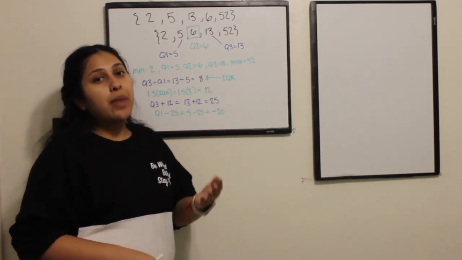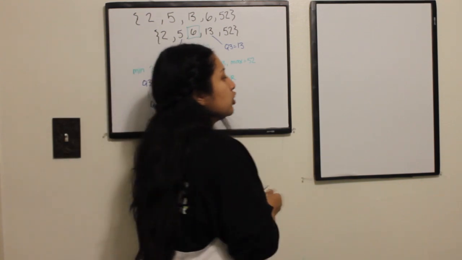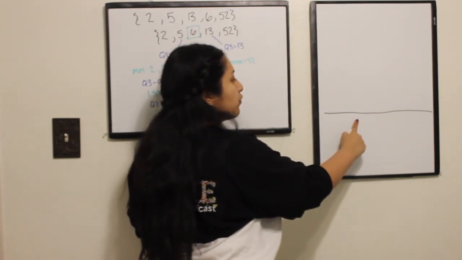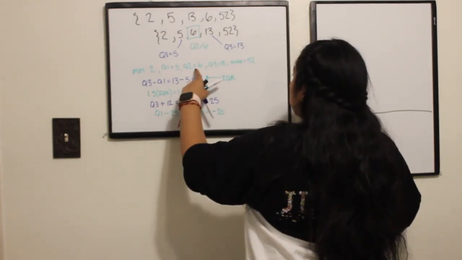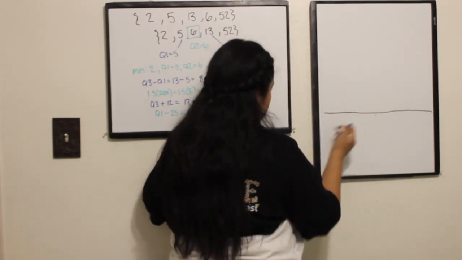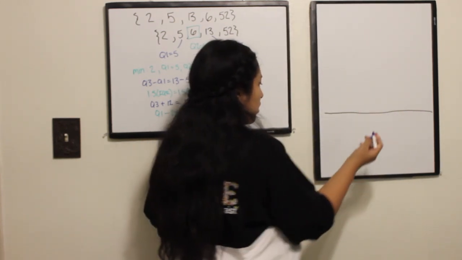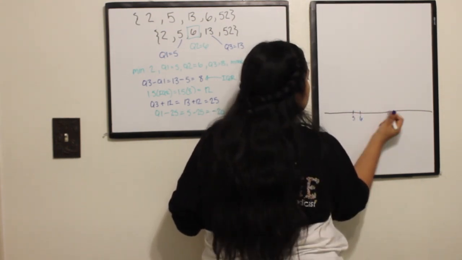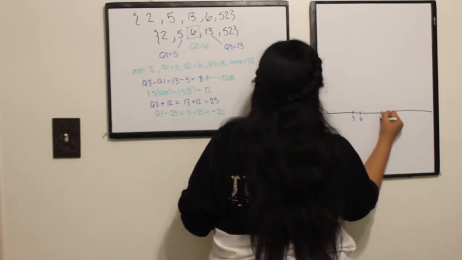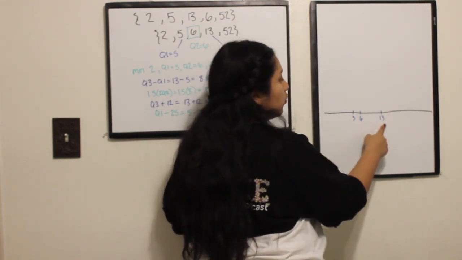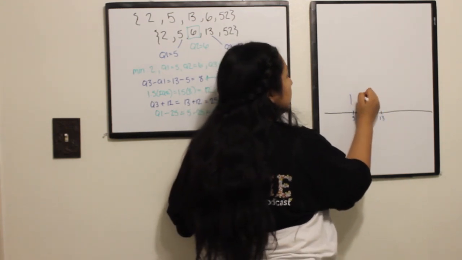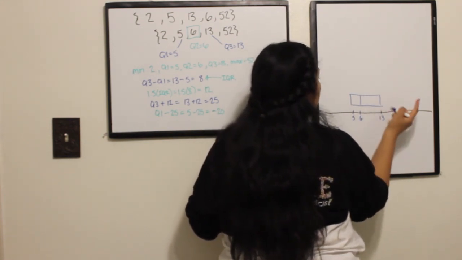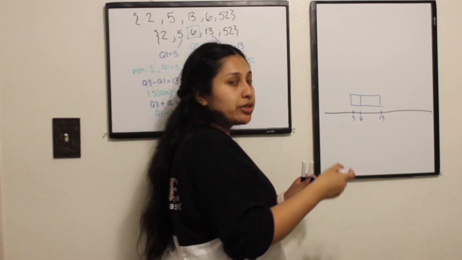We're now going to do our box and whiskers graph. So we're going to do a lined graph over here. On our lined graph, we're going to put our quartile 1, 2, and 3. We're going to do this in a different color. So we're going to do quartile 5, quartile 6, and quartile 13. After we define where our numbers lie, we're going to draw the lines, and then we're going to connect our lines, and that's going to be our box for our box and whiskers.